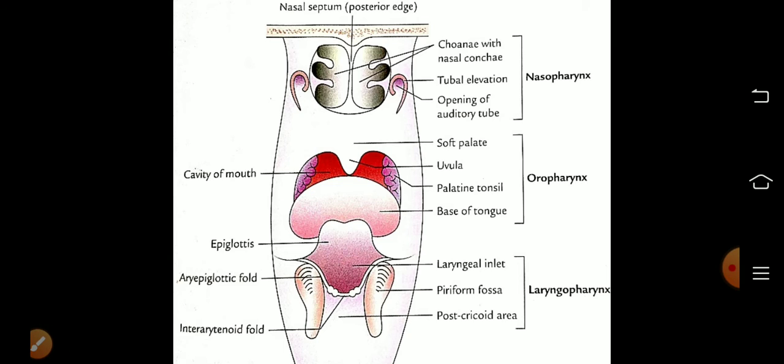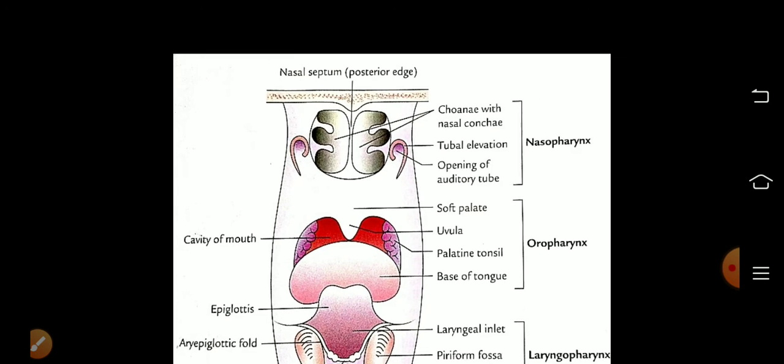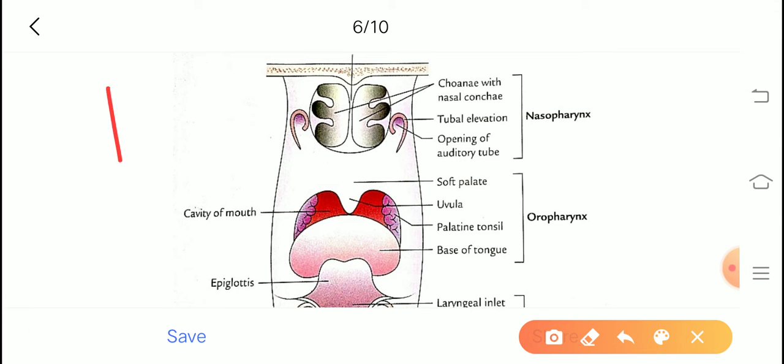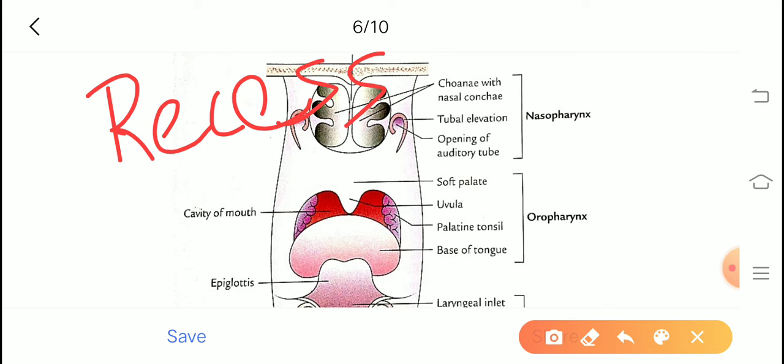The third important feature of the nasopharynx is the pharyngeal recess. The word recess means some depression or some space.